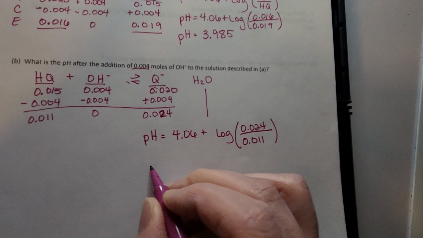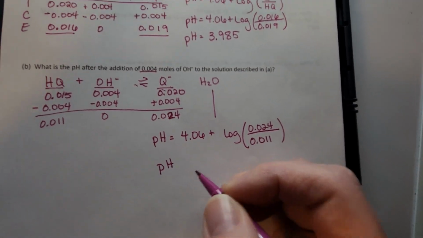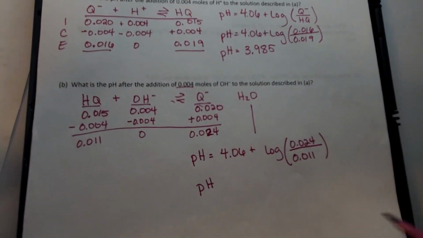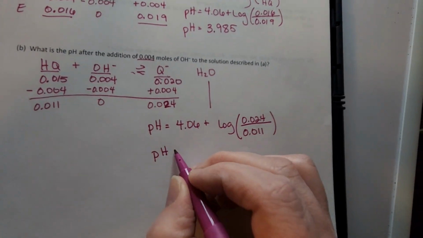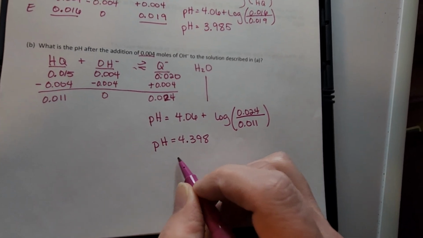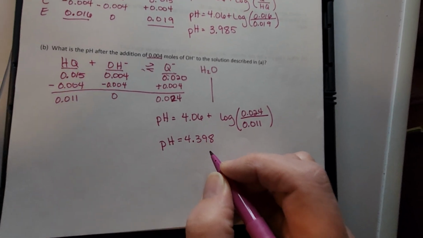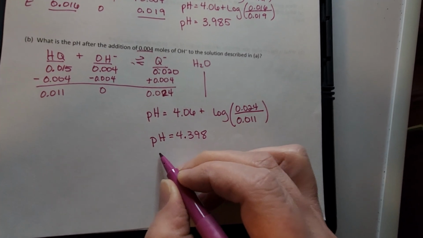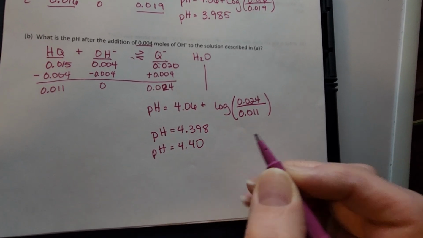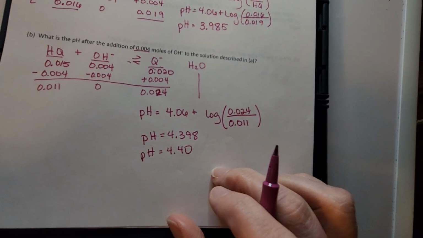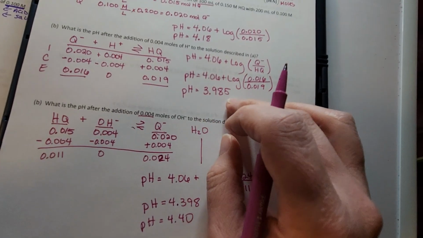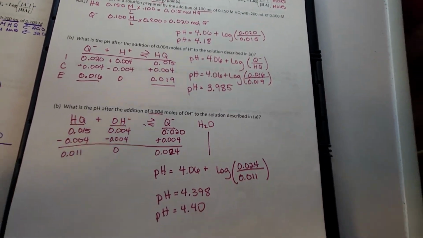And when we do that math, that's going to give us a pH of 4.398. And if you round that up, that's going to give you 4.4. And Dr. Butcher does round this one up on his key. I am not entirely sure why he rounds this one up, but he does not round the other one up. That is a question that we'll have to ask him.